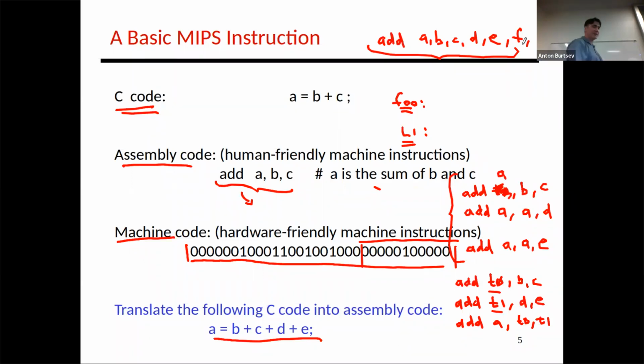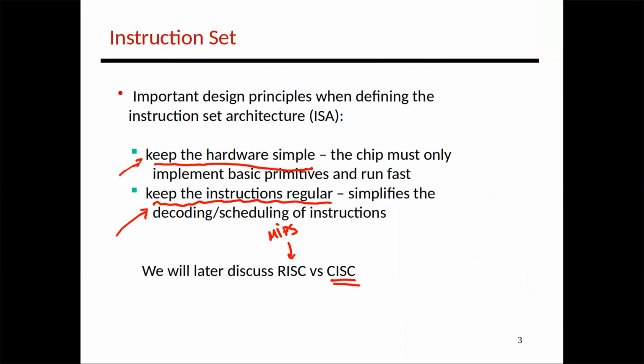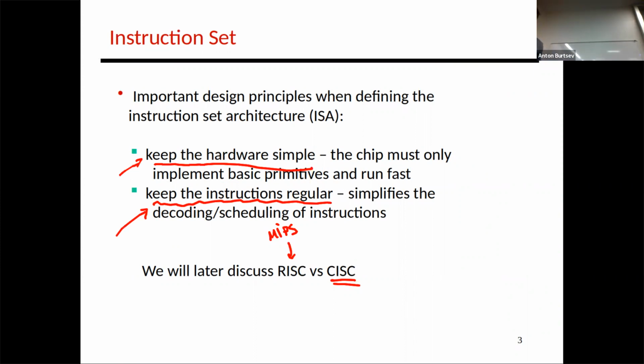And typically this is the design principle which says both keeping the hardware simple and also keeping instructions regular. Regular means it's easier to design the hardware because it will be supporting the whole class of instructions, because it's all almost the same. And second, it also simplifies the program to a degree.